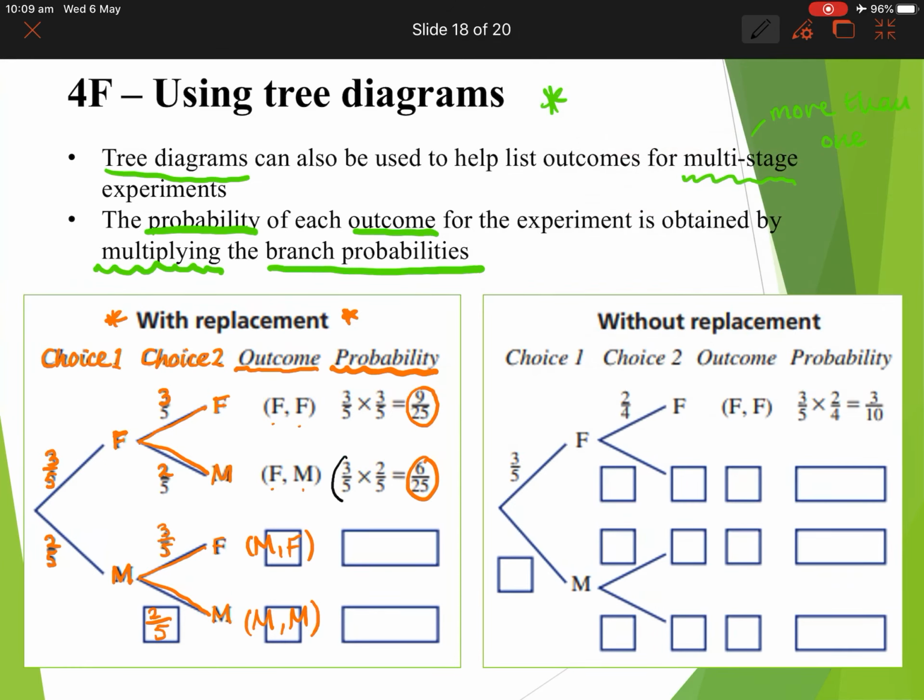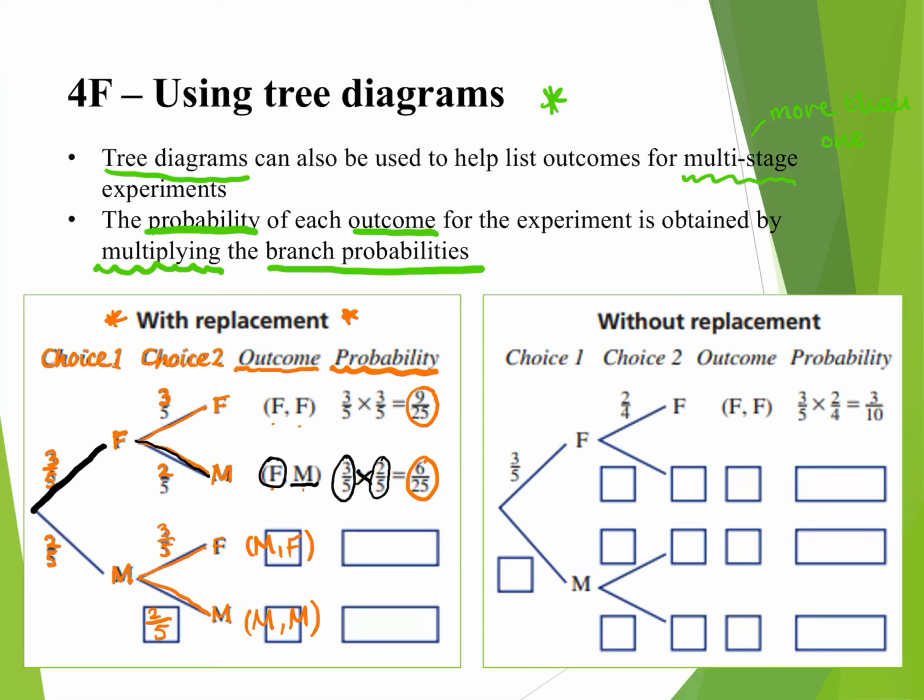What they do is go 3 over 5, because it's 3 out of 5 to get a female, and we can see it along this branch. Then you times the probability of getting a male, which is 2 out of 5. So 3/5 times 2/5 gives us 6 over 25. The multiply is very important.